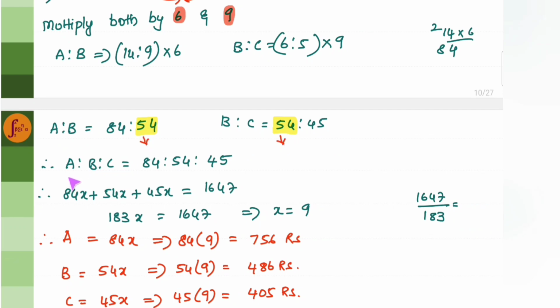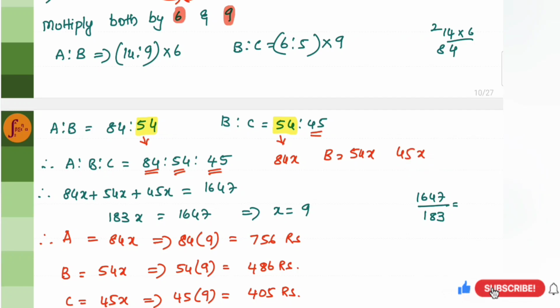Now we can write it as A is to B is to C, right? A is going to be 84, B is 54 and C is 45. Let's assume A as 84x, B will receive 54x and C will receive 45x, right?